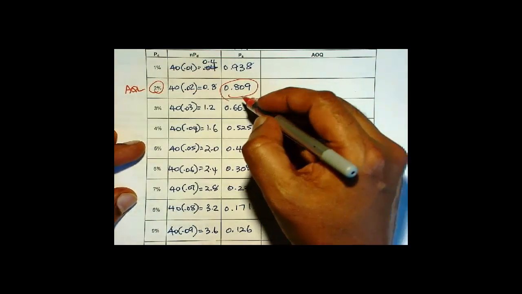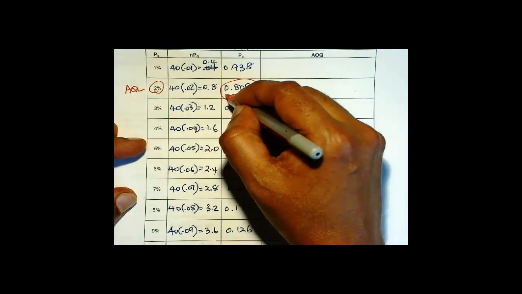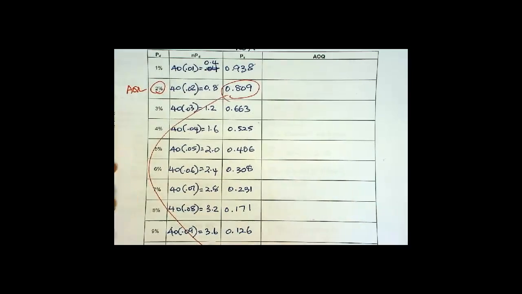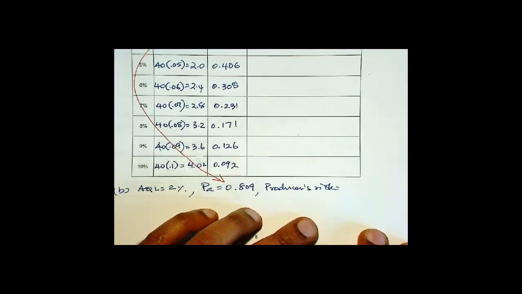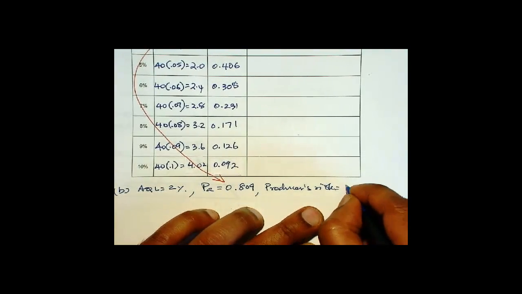Now the producer's risk. Producer's risk is the probability of rejecting the lot.